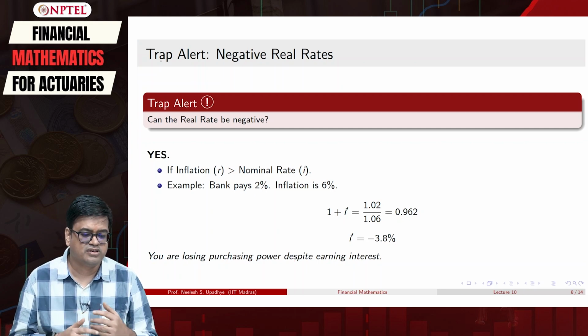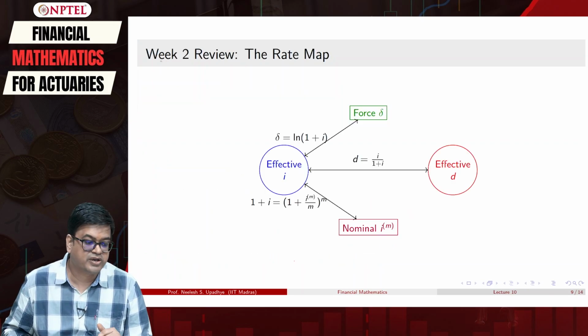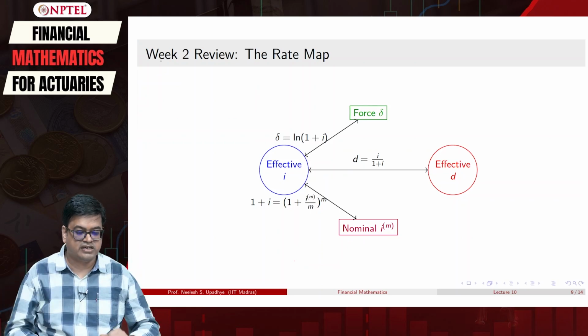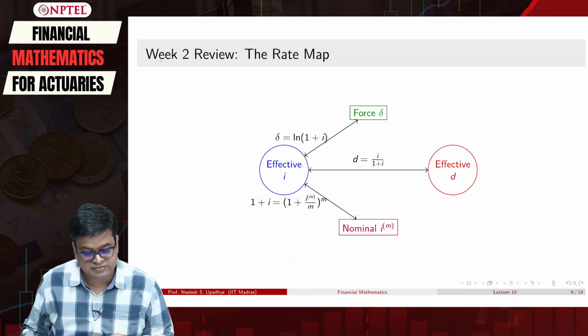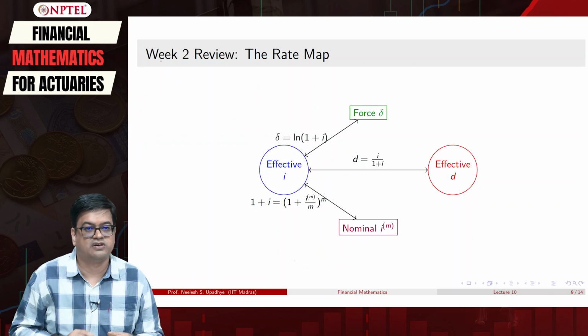Let us now review what we have done with interest rates in the last week. So, let us start with the week 2 review. In week 1 we understood what is effective i, and then we started with variations of this effective i by introducing a frequency of compounding.